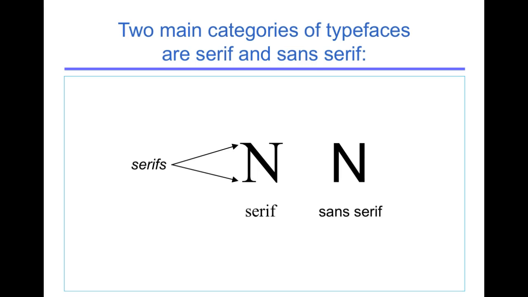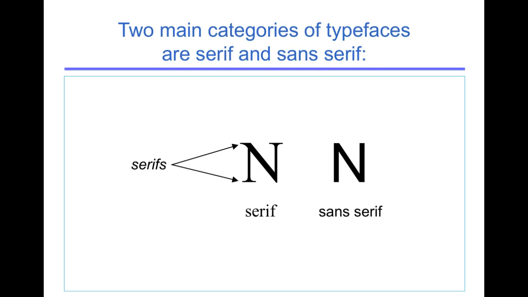You can see from the image here that serifs are those little lines that are around the N. The one at the top, the one at the bottom, or there's two at the top and one at the bottom. So those are serifs. And what they do visually is they connect one letter to the next. Sans serif, the N with no little lines to the right of your screen, that's sans serif.